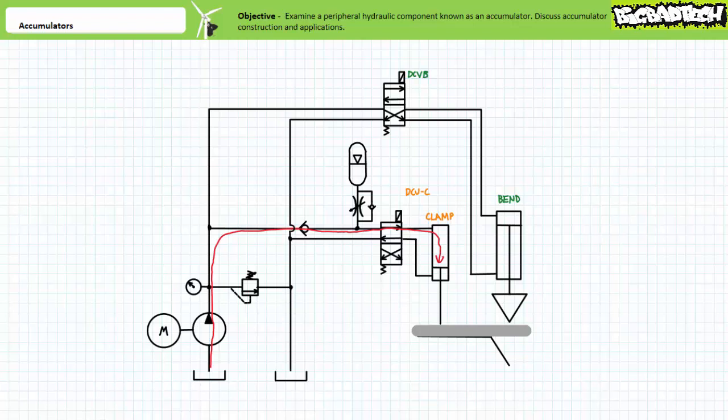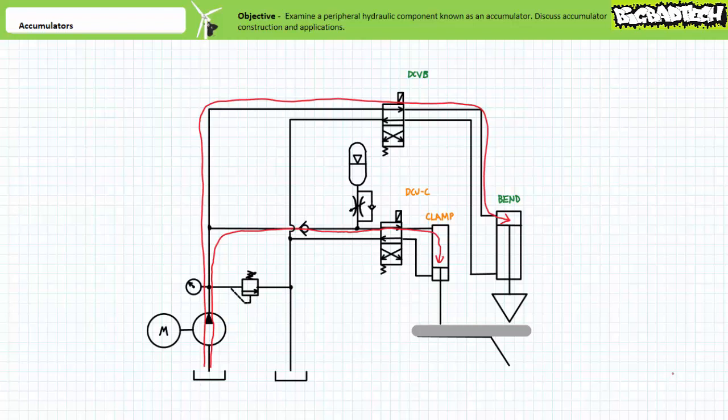During the act of extending the clamp cylinder, pressure would be relatively low since the system only needs to overcome the friction of the piston on the barrel and fluid resistance. Once the clamp cylinder reaches the limits of travel on the workpiece, pressure would begin to rise. The object would be securely clamped at some point. If the system moved DCV-B into the straight-through position, one could expect pressure to momentarily drop while the bend cylinder is extending, potentially dislodging the clamped workpiece.